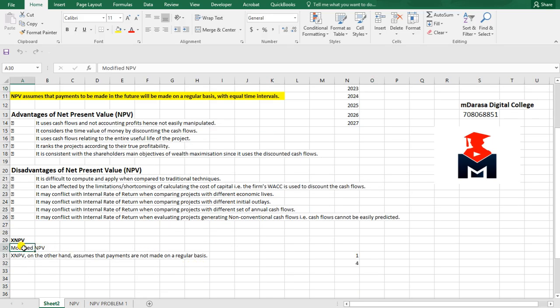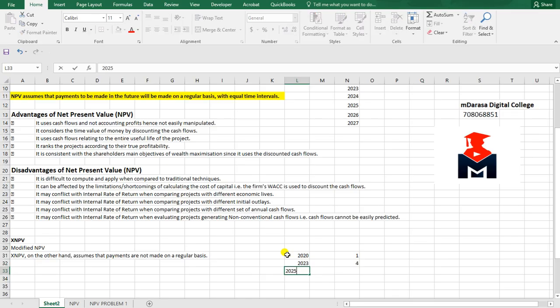But for XNPV, which we also term a modified NPV, it assumes that these payments are not made on a regular basis. In other words, these payments are on an irregular basis, and that is one of the main differences. For example, I could receive a payment in 2020, the next payment in 2023, then the next in 2025.